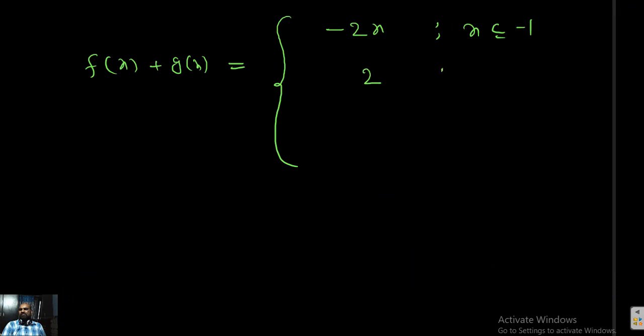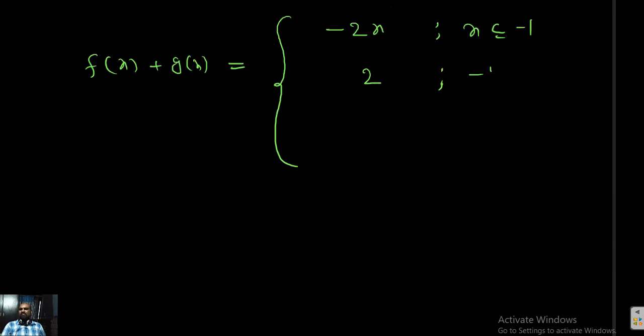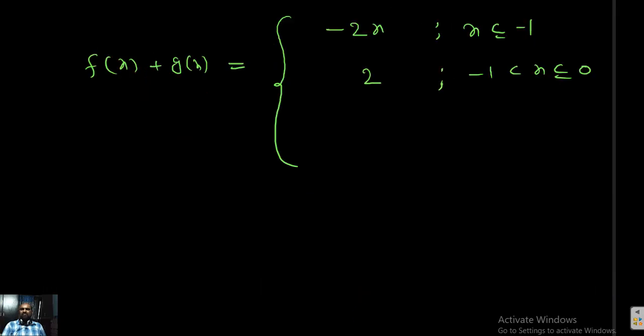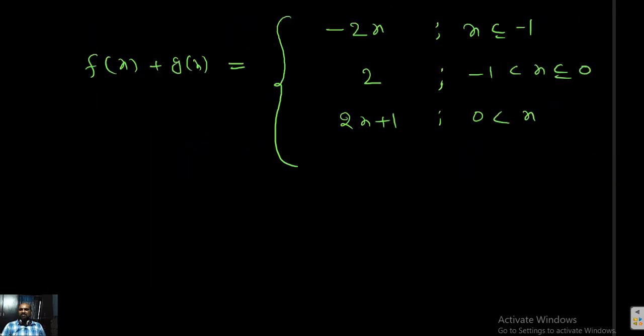For what x? Minus 1 to 0, minus 1 not included, 0 included: minus 1 less than x less than or equal to 0. Okay students, next I can add this with this. So x plus x, 2x plus 1, for 0 less than x less than or equal to 1.